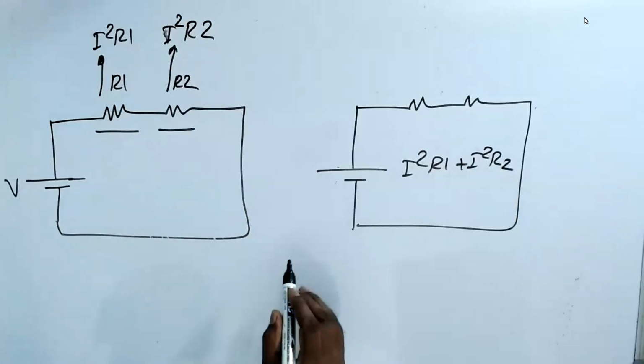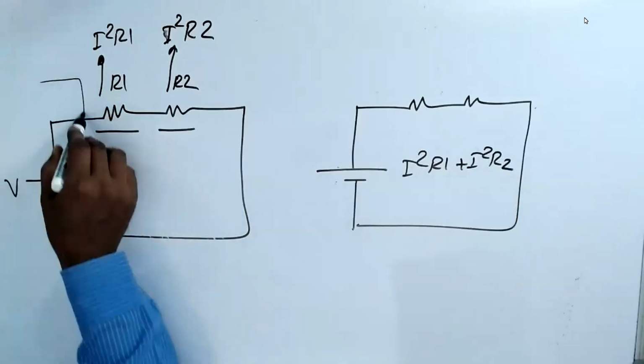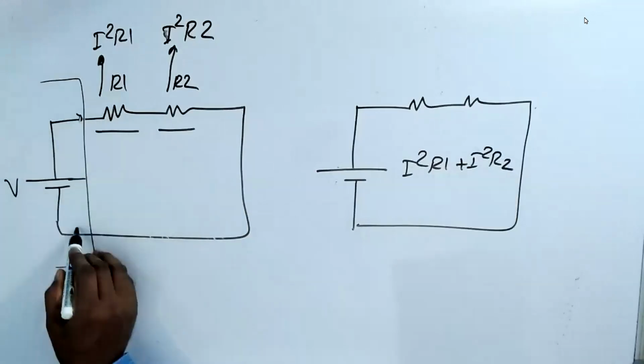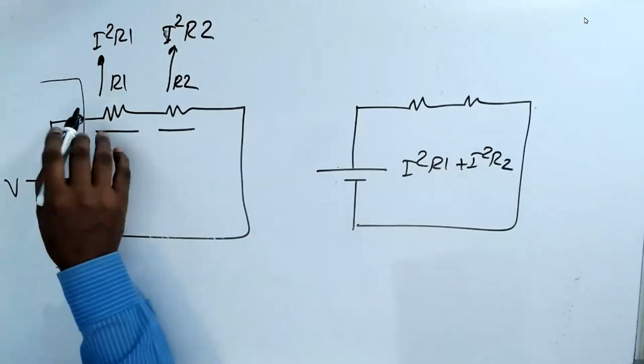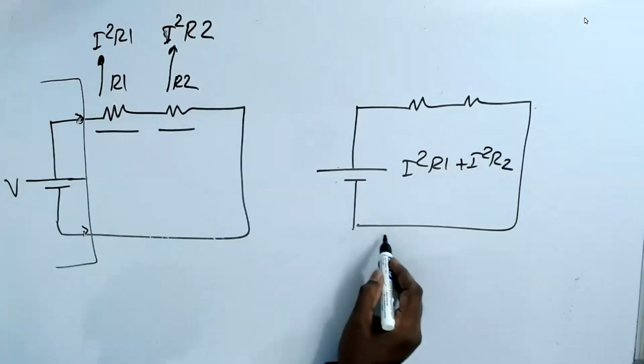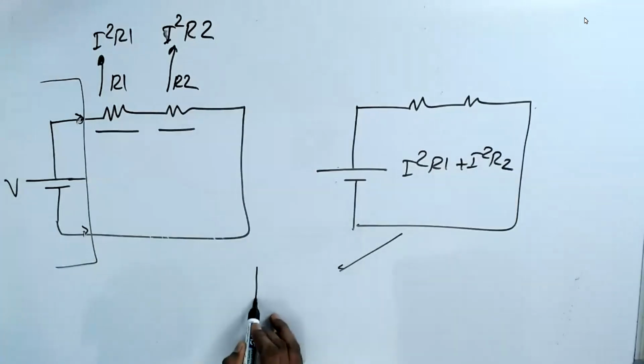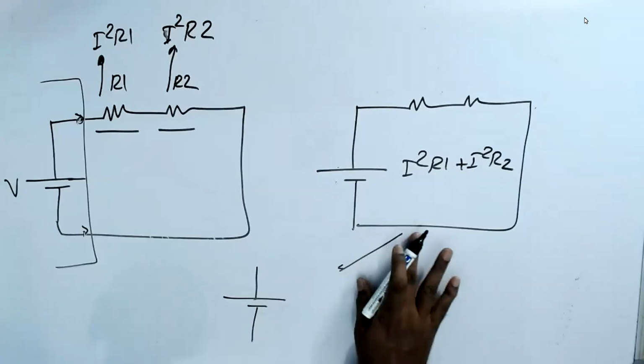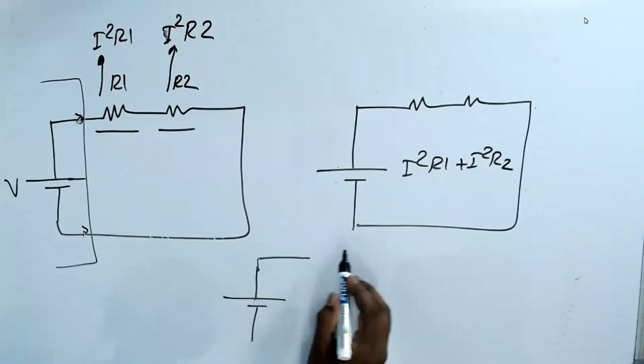Now, for this voltage source, it will see the circuit as one resistance, not multiple. So if you make this a single one, that is the equivalent.